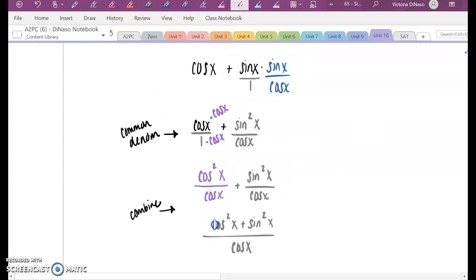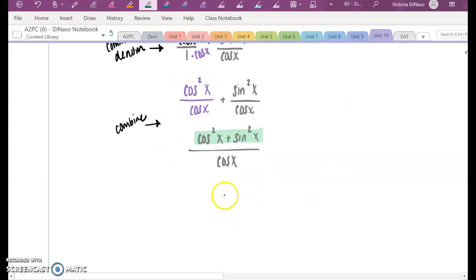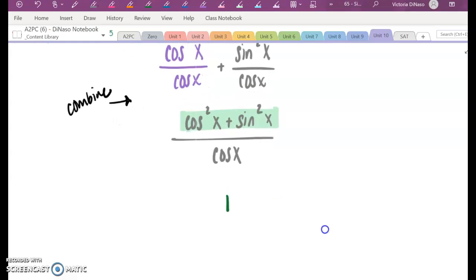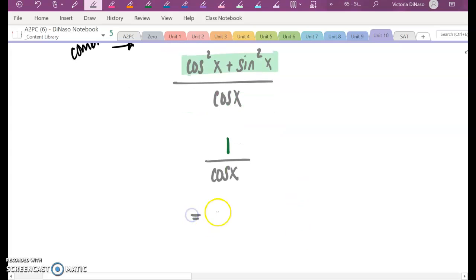Almost done. That numerator is one of my Pythagorean identities. It's exactly like one of them. We have cosine squared x plus sine squared x, which means that I can replace it with the number 1. So now I have 1 divided by cosine x. And my final answer, 1 over cosine equals secant x. So my final answer, secant x.